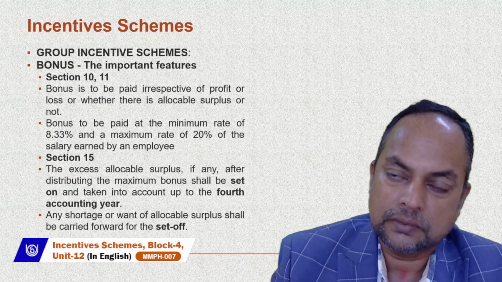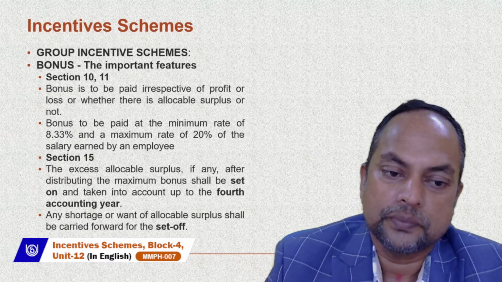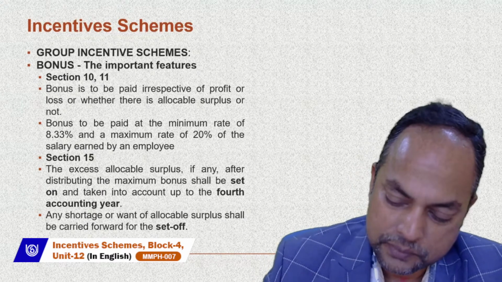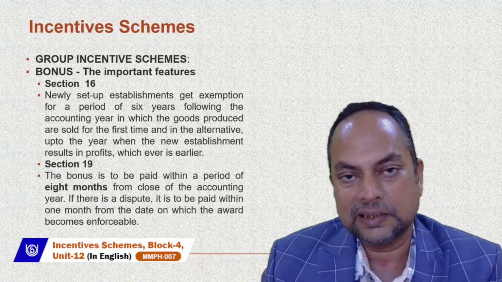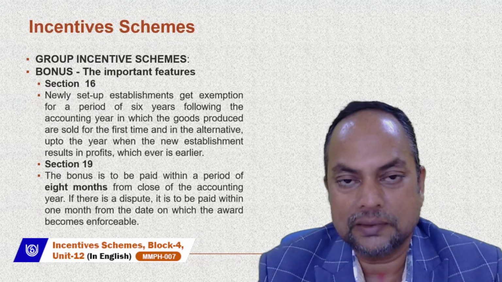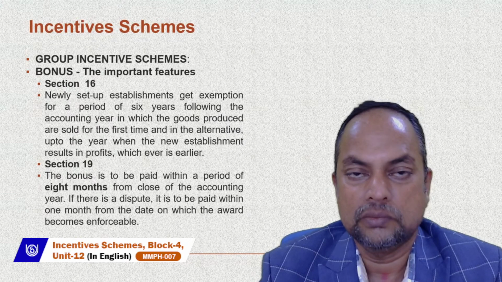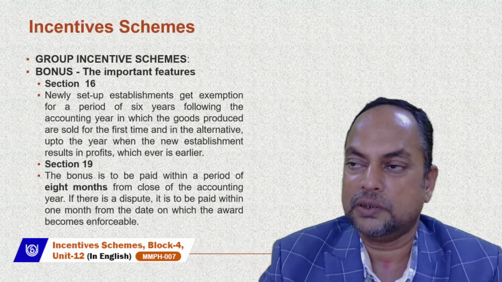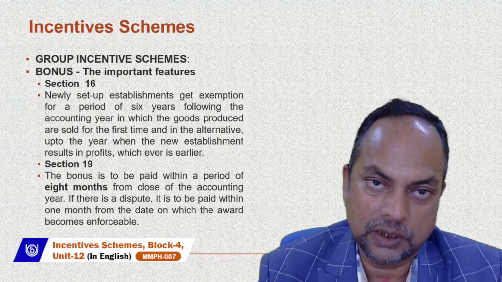It can be calculated in this accounting year, but it may so happen that it will be paid in some later years. So the concept of set on and set off is to ensure that workers do get this bonus on a continuous and consistent basis, irrespective of the profit or loss of the organization.